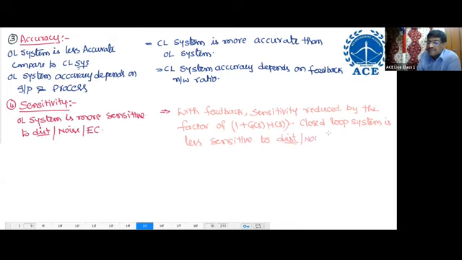EC means environmental conditions. Okay. Next, fifth difference.